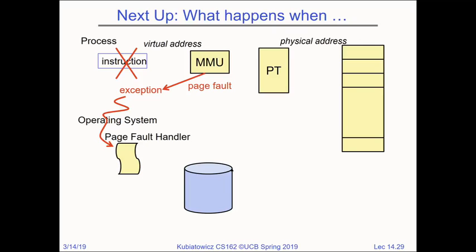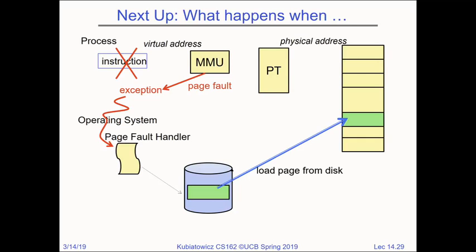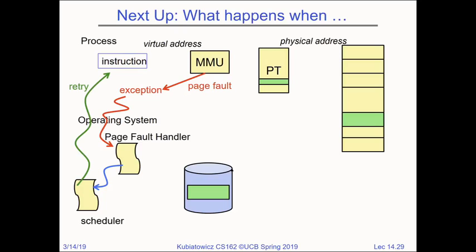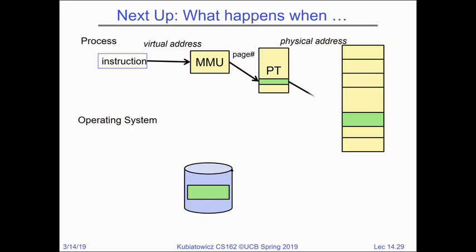That's the key. Now the page fault handler is going to pick something off the disk. It's going to load it for us. It's going to fix up the page table. And now the scheduler will eventually restart our thread back where it was when it page faulted, and we can start exactly at the right place because it was a precise exception, and this time it succeeds.